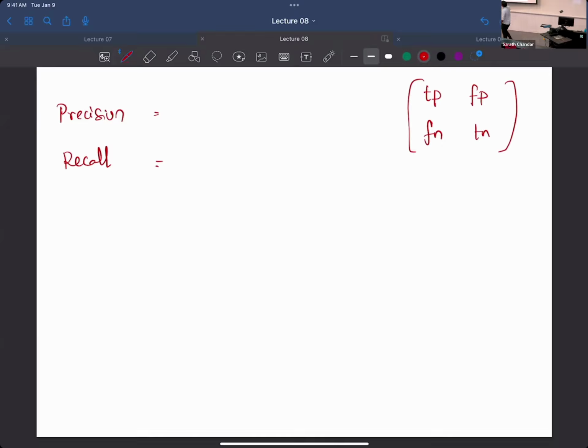So first I'm going to write the equation for precision and recall, and then we will talk about what they actually mean intuitively. Precision is defined as true positive divided by true positive plus false positive. Recall is defined as TP divided by TP plus FN.